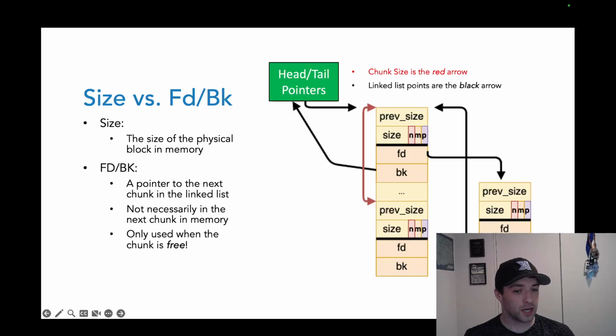And as we talked about before, linked lists don't have to be contiguous. It's just a pointer to the next freed chunk. And that's what these black arrows are representing. And this green box is effectively a bin, or a pointer to these linked lists. So the size is the physical size of a block of memory. The FD and BK is a pointer to the next chunk in the linked list or the previous chunk.